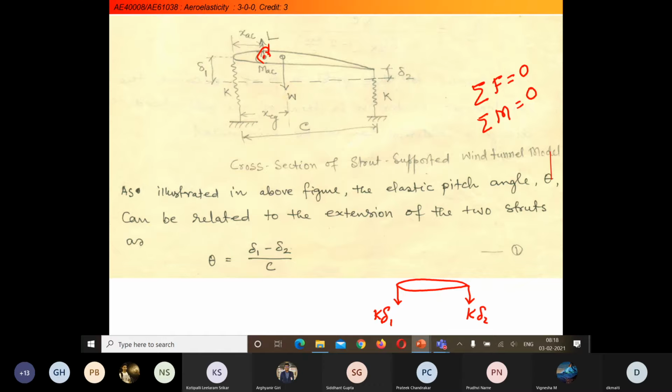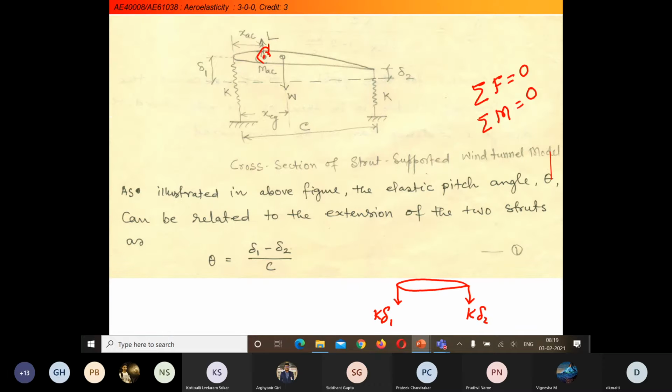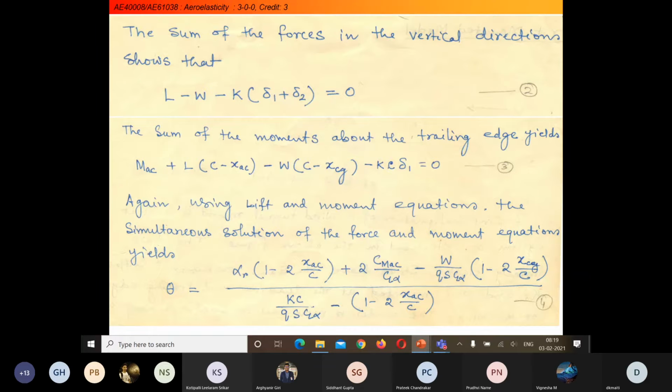Those two forces act downward because we are considering that the aerofoil will be moving upward, with pitch up, meaning nose up, as positive. Both the lift force L acts upward and weight W acts downward. So all the forces give L minus W minus K into delta 1 minus delta 2 equal to 0. That is our first equilibrium equation.